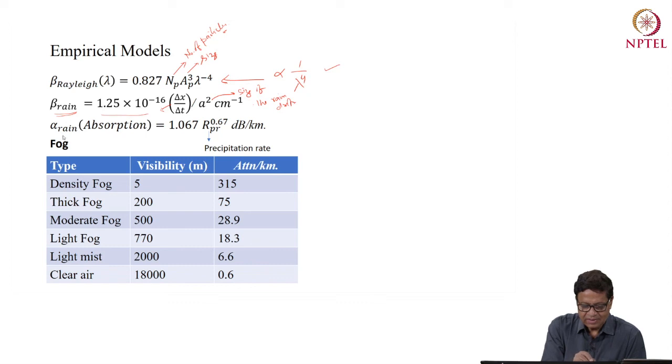And then this is because of the absorption happening in the rain, given by this formula, where RPR is the precipitation rate. This is in terms of dB per kilometer.